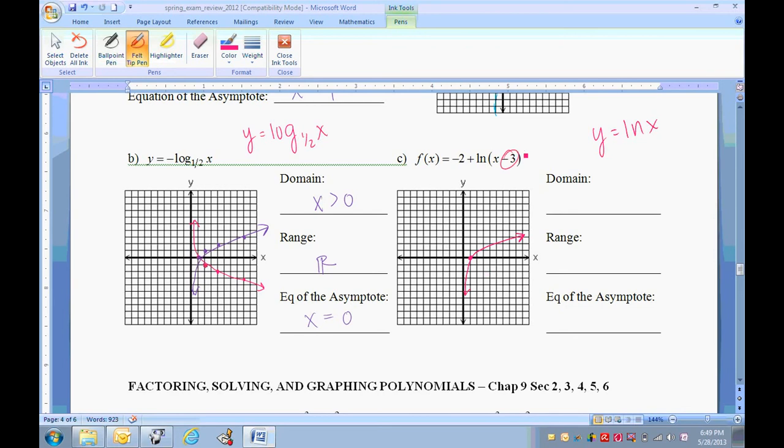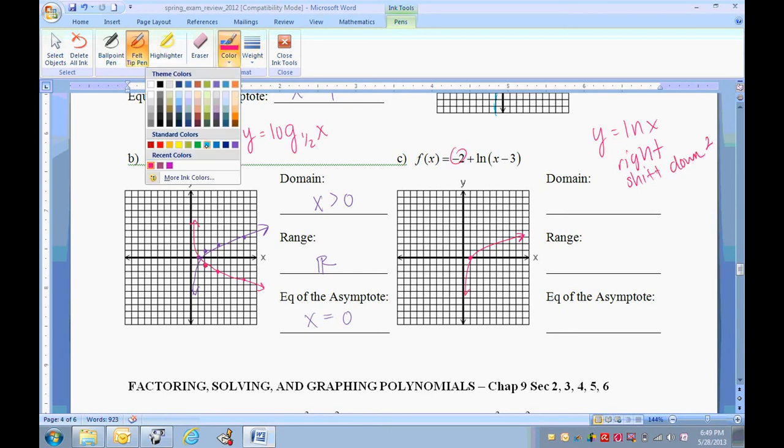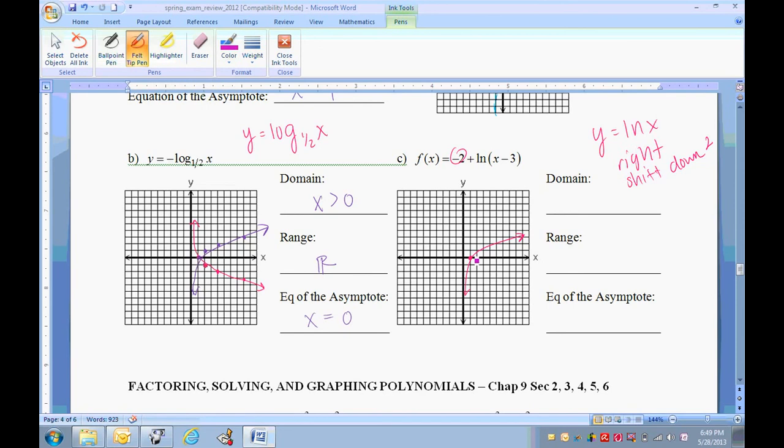Well, this -3 inside with the x is telling me I'm shifting everything to the right 3. And this -2 out front means I'm shifting down 2. So let's go ahead and do that. I'm going to take this point and shift right 3 and then down 2.